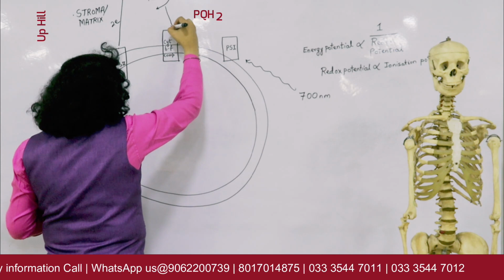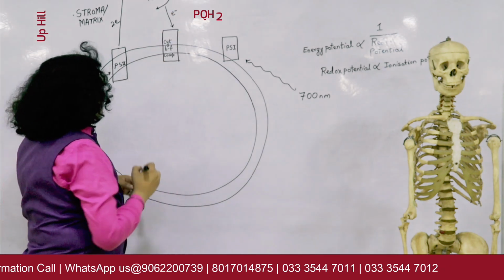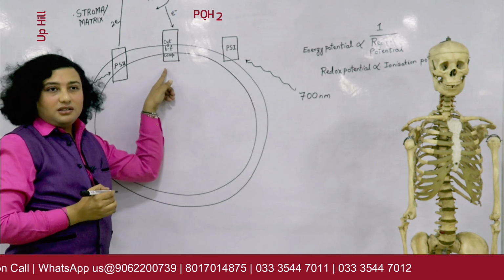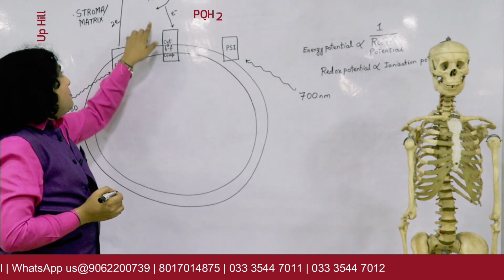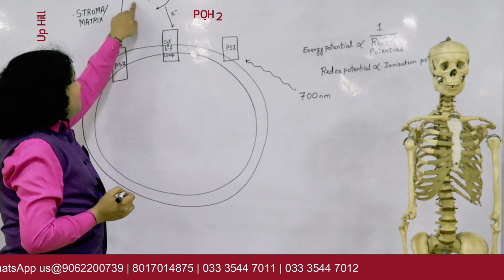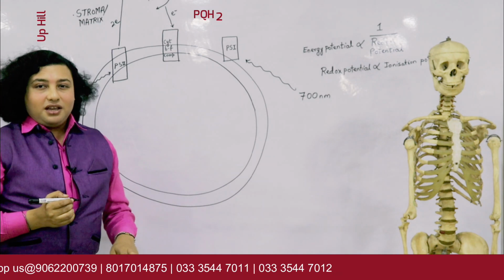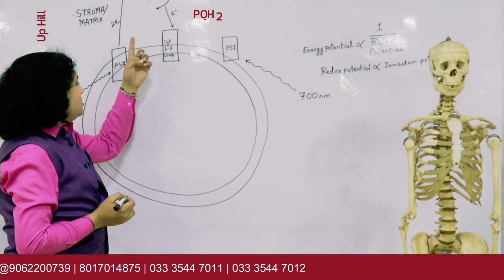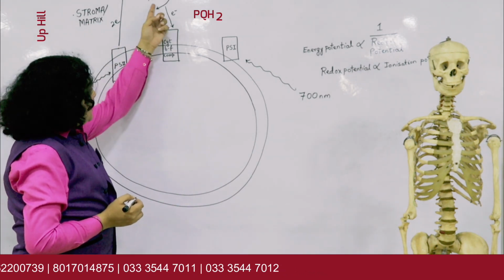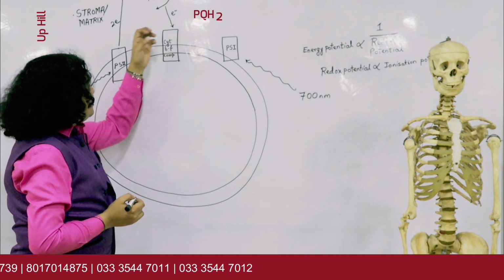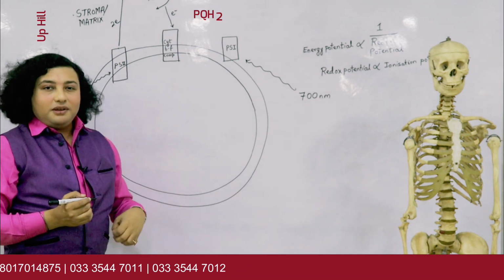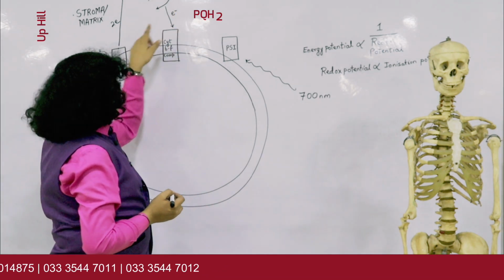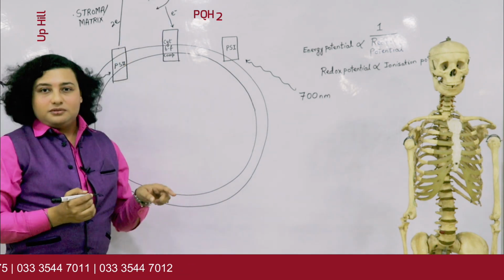That means 1 electron will be moving down to the cytochrome bf complex because it is a one electron carrier. Plastoquinone and pheophytin are 2 electron carriers because they can accept 2 electrons, and plastoquinone being a mobile carrier, when it accepts 2 electrons, it will have the potential of picking up 2 protons from the matrix.